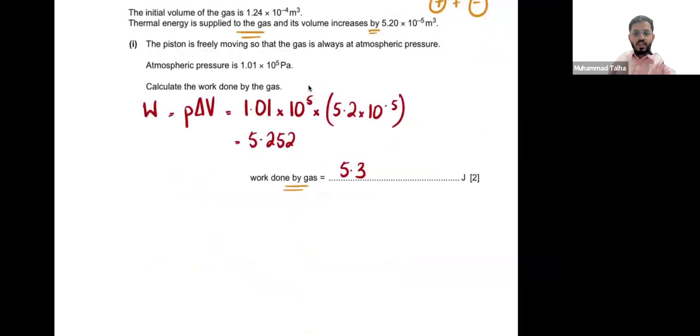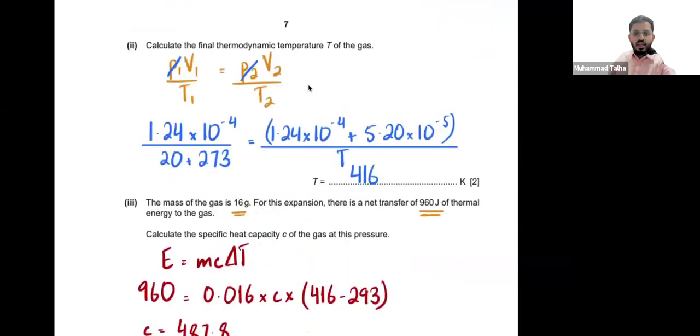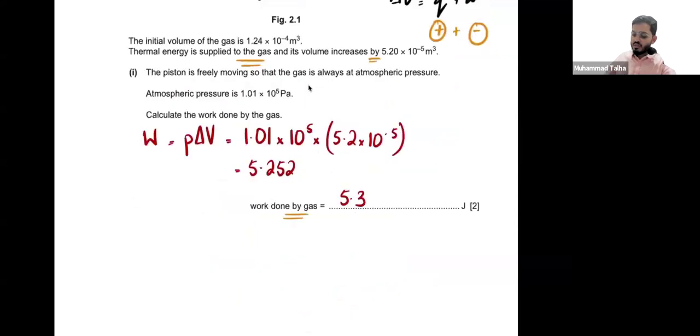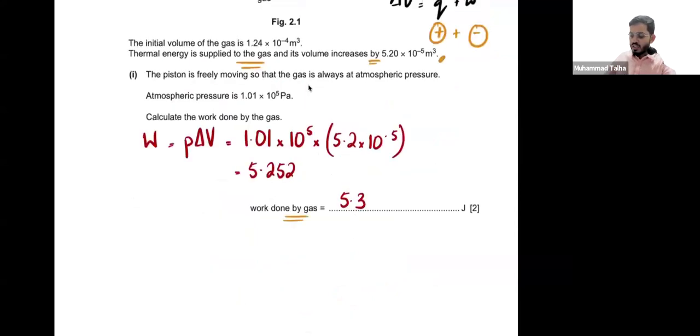Here we were given that this was 960 and this was 5.3. Let's just approximate to make the values easier to work with. So 960 minus 5 was 955 joules. So that was the increase in internal energy.